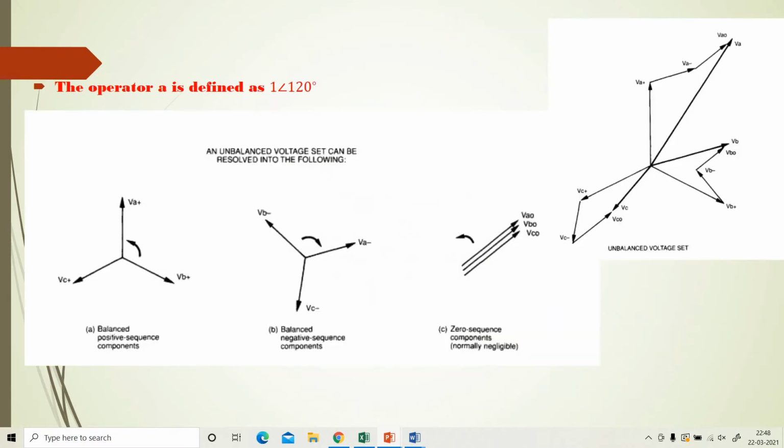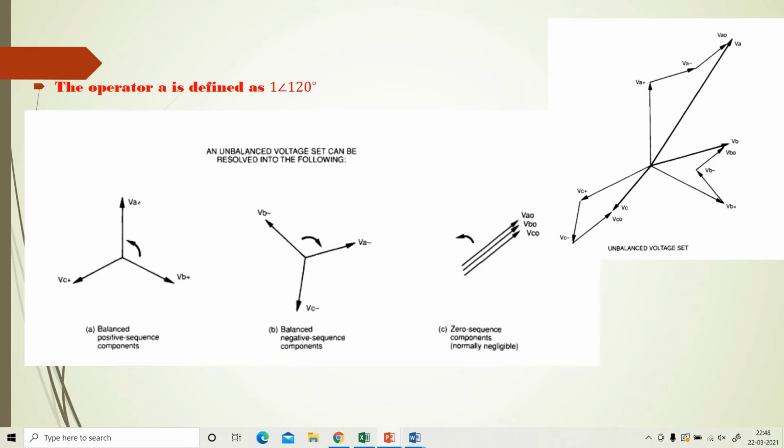And next I am going to explain the three components. Three components are positive sequence component, negative sequence component, and zero sequence component.